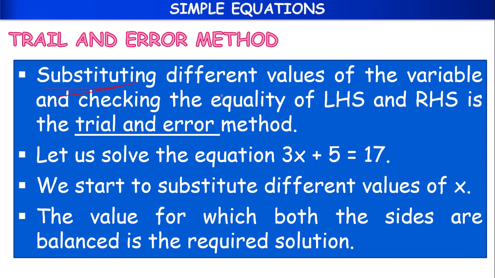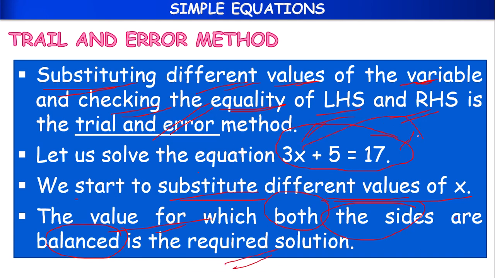Okay, children, substituting different values of the variable and checking the equality of LHS and RHS. This method is called trial and error method. Suppose if we have equation 3x plus 5 equal to 17, so we start to substitute different values of x. The value for which both sides are balanced or both sides we will get same value is the required solution.